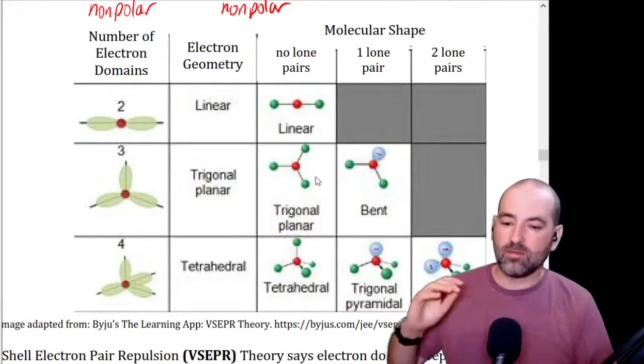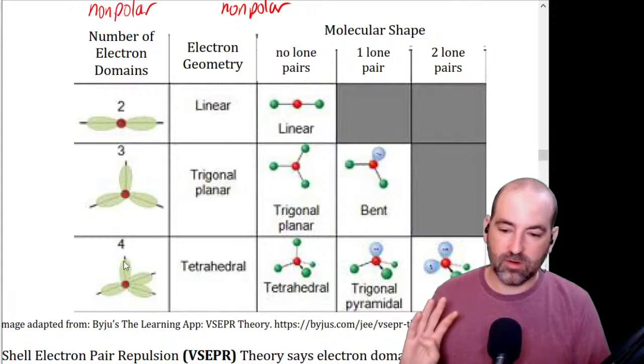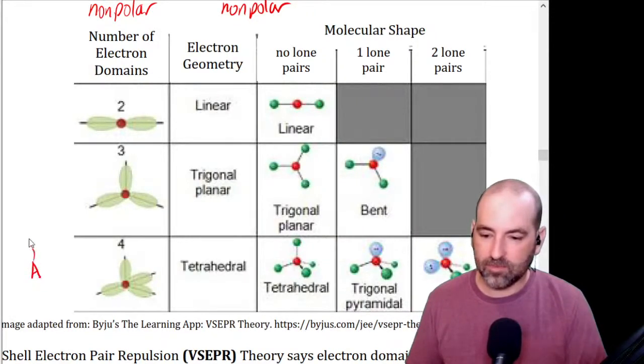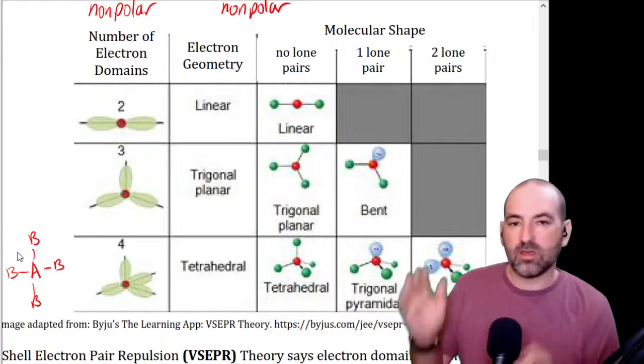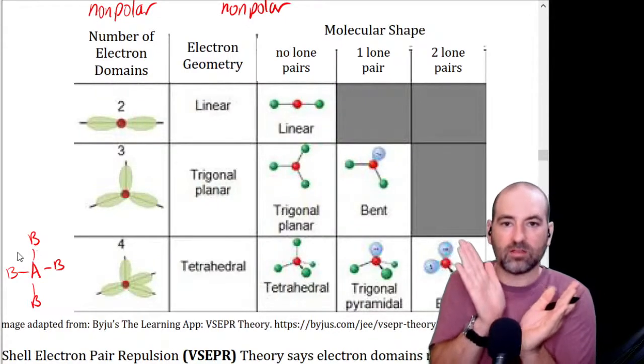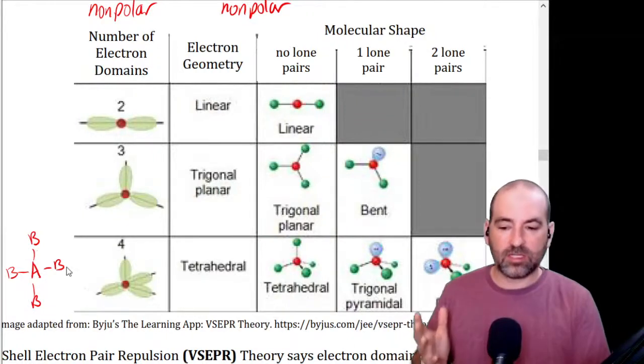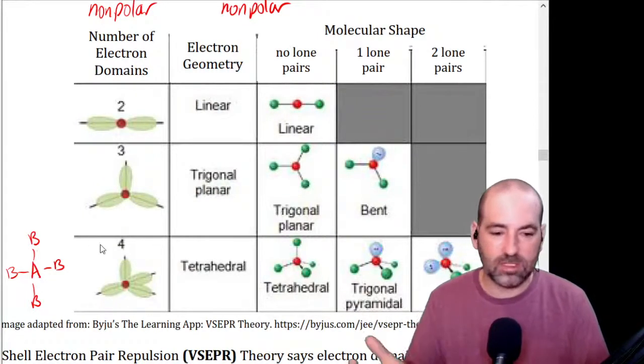And then when we add a fourth electron group, we don't make kind of a plus shape like this, because those would all be much closer. They'd be at 90-degree angles. To make them really spread apart, they can use all 3 dimensions because they don't have to be flat, the molecule's in space.